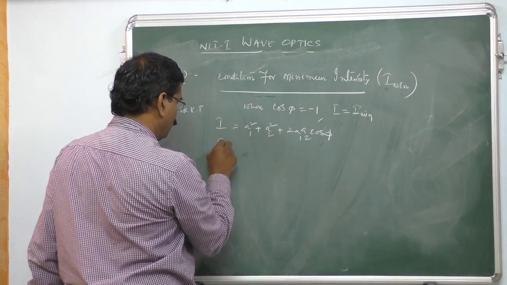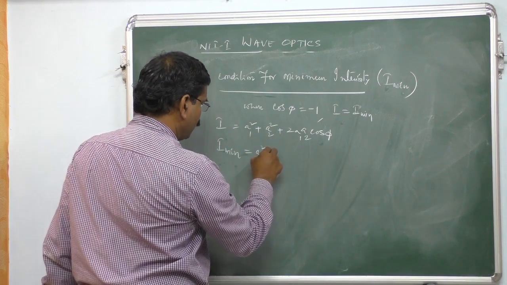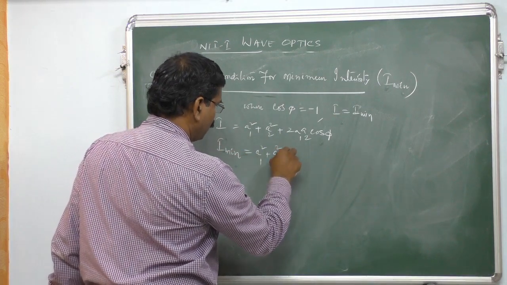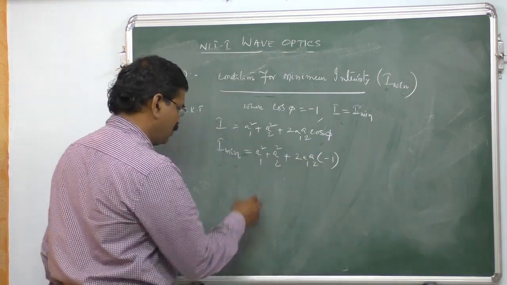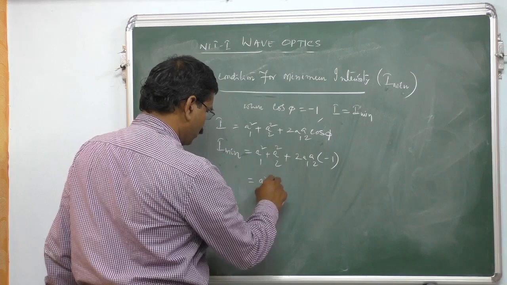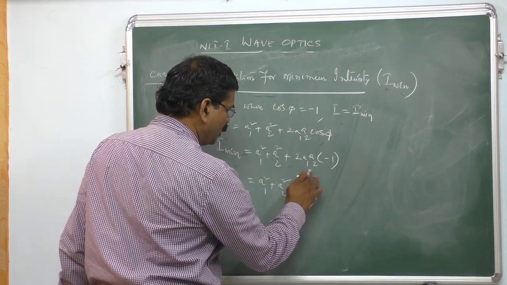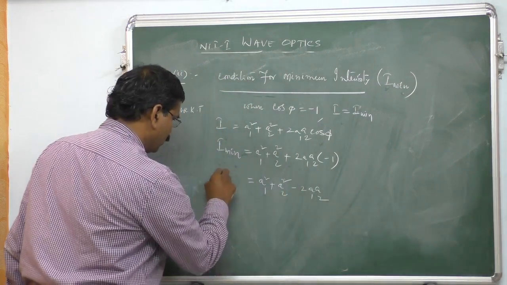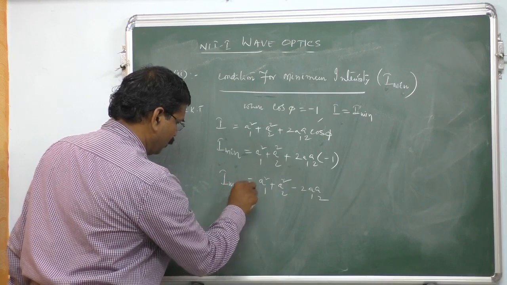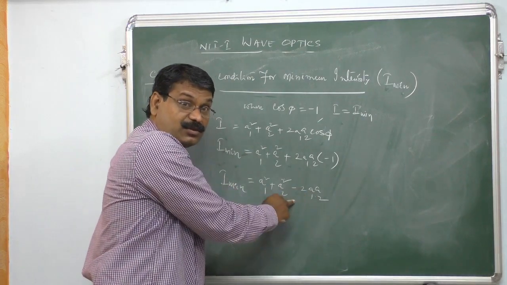I minimum is equal to A1 square plus A2 square plus 2A1 A2 into minus 1, that implies A1 square plus A2 square minus 2A1 A2. మళ్ళీ ఇదే రూపంలో ఉంది, A square plus B square minus 2AB. ఇది ఎలా రాసుకోవచ్చు?